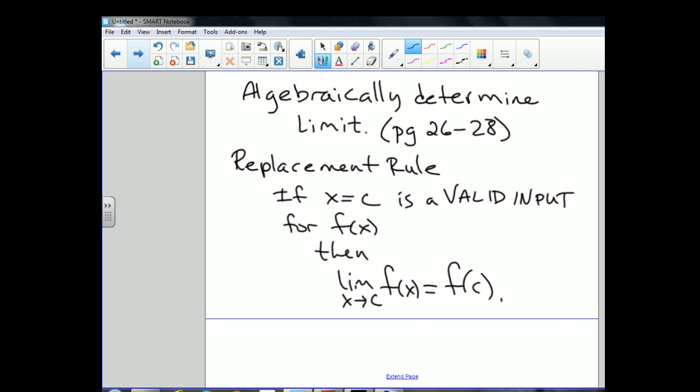It simply says if it's valid, if we can plug it in, we'll plug it in, and that's going to be our limit right there. All right. That is the replacement rule.